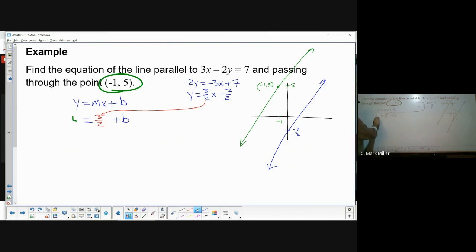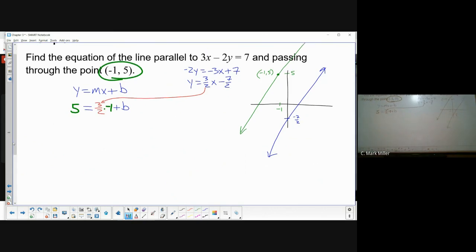Y is 5, x is -1. So that means -3/2 plus B is 5.